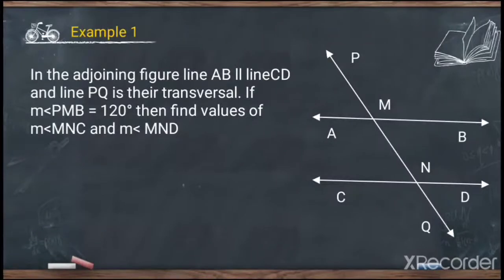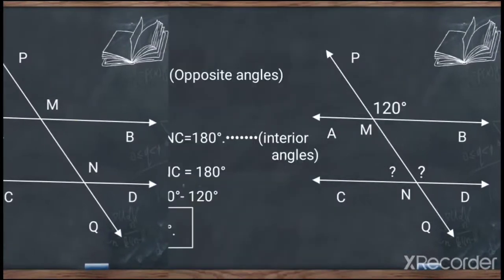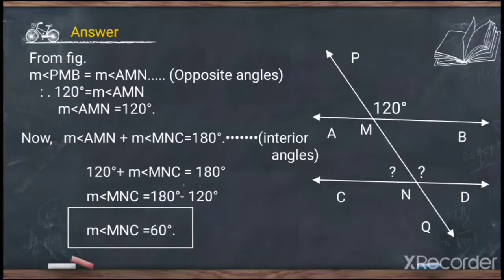To find these values, first substitute this 120 degrees in the diagram. Now we have to find the measures of angle MNC and angle MND. You can find this angle in two ways: by using the linear angle, otherwise by using the opposite angle.